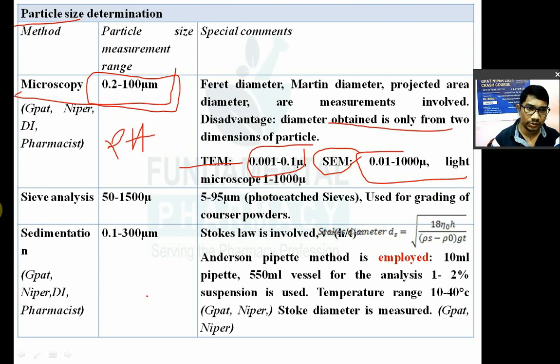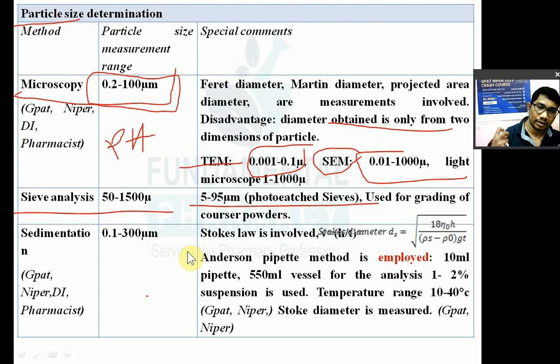Now sieve analysis: by the sieving method you can measure particle size in a range of 50 to 1500 micron. Now if sieves are photo etched, meaning you have a polymer sheet, and the mesh comes from photo etching, like when you put acid, etching happens. So the photo etched sieves, whatever mesh is there, are made by bombarding light on that polymer.